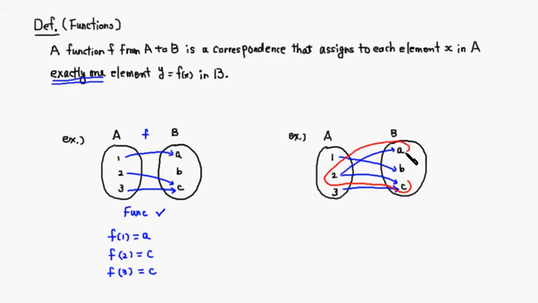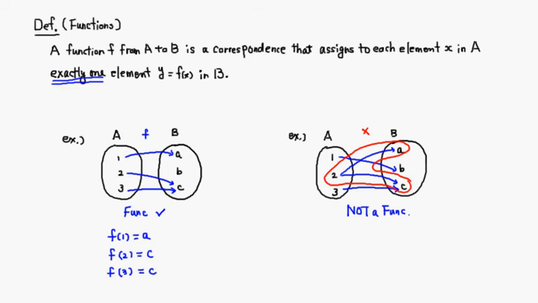So this violates the condition, because every single element, especially 2, has to have exactly one corresponding element, but 2 actually has two corresponding elements. So therefore, this is not a function.